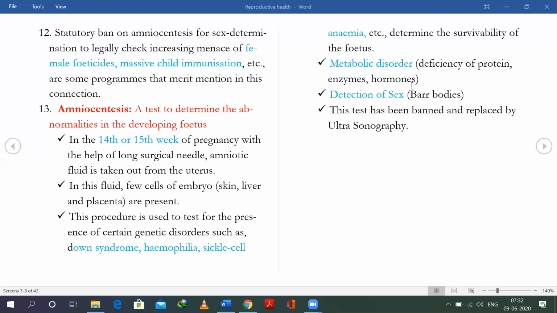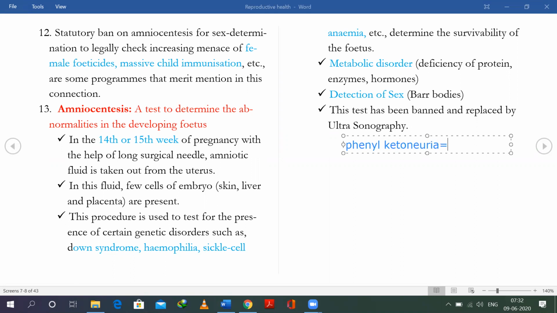In the absence of these enzymes, metabolism becomes difficult or complicated, and the child may have problems. An example of a metabolic disorder is phenylketonuria, where the child will have complications.